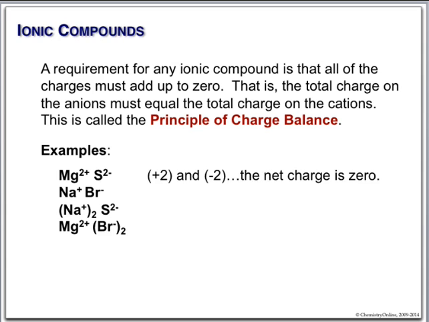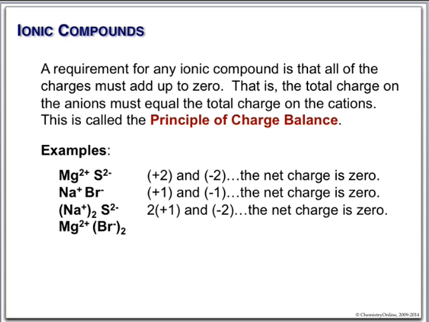The +2 -2 cancel, the net charge is 0. Sodium and bromine, group 1, group 7, +1 and -1. Again, we go for a net charge of 0. Sulfur here is -2. That means we're going to need 2 sodiums in order to balance out the charge. Two positives, 2 negatives, again we get 0.